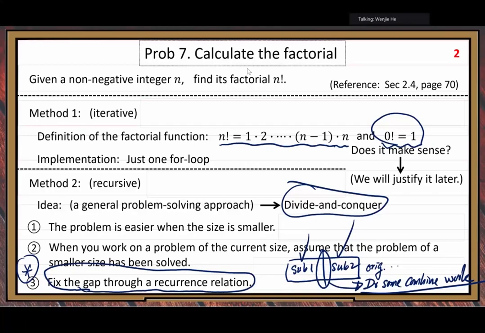A formula to connect the previous known solutions with the current unknown solution, through this recurrence relation. If you can do that, then you can solve the whole problem by recursion. It's pretty abstract, but later we will study several concrete examples, so you will get a better understanding. Here we just do some general high-level discussion.